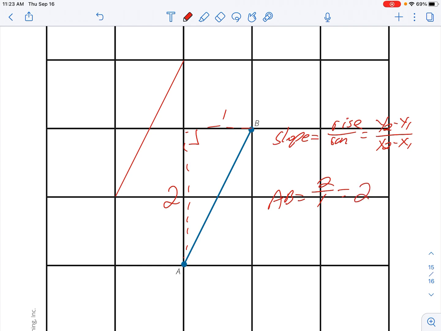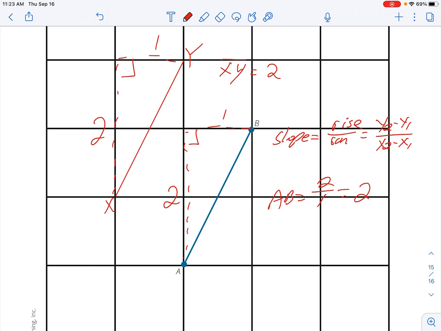On the one that I translated, I'm going to call that XY, it is going to give you the same slope, because that translation is going to preserve the orientation of that segment. So for XY, our slope is also going to be 2.